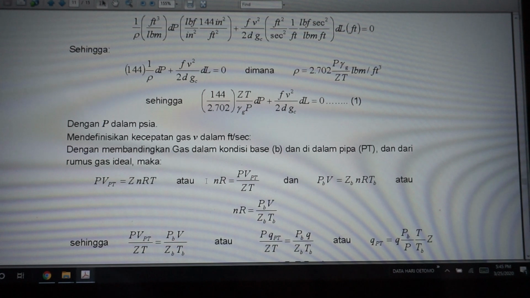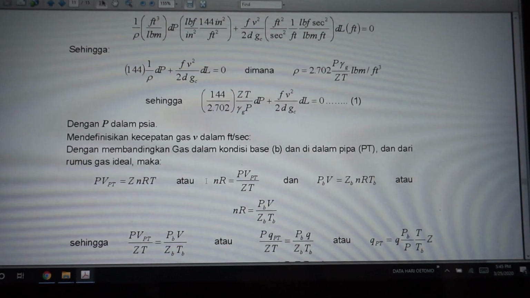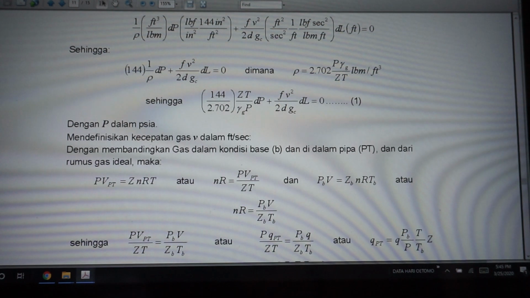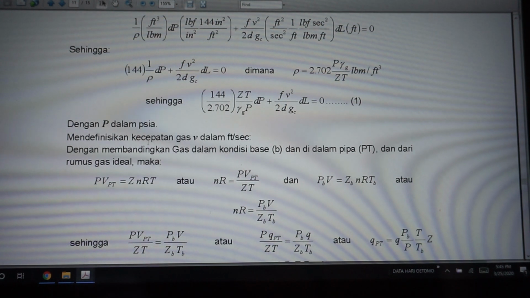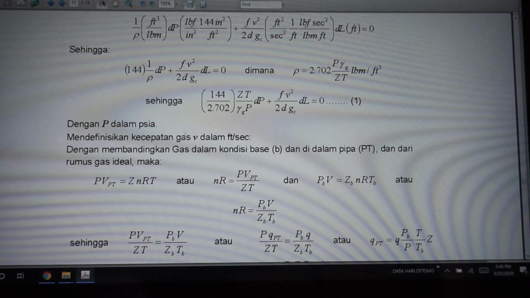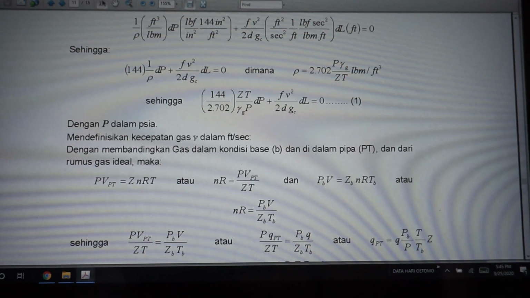So usually the rate is after a separator, which means it is at standard condition. Okay, so we want to define gas velocity in the pipe, not on the surface. But what we actually have is velocity from the surface. The data that we have is from the surface.